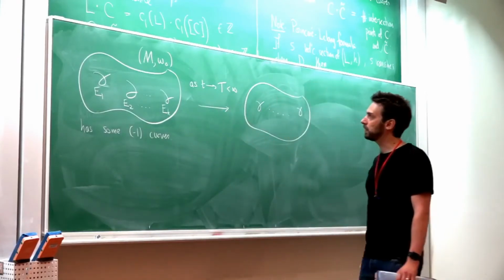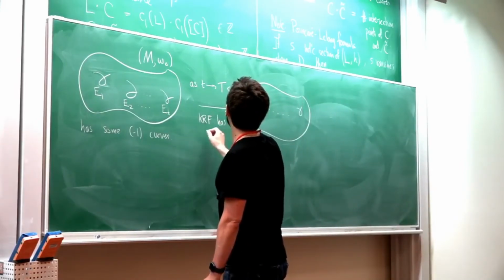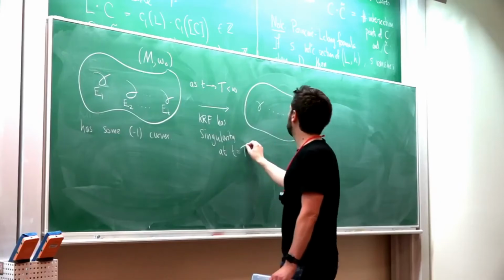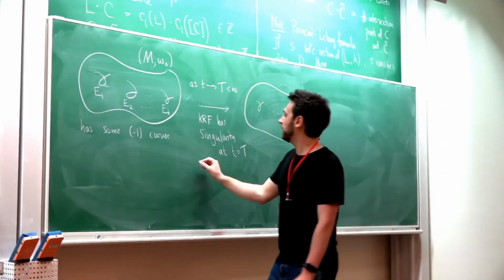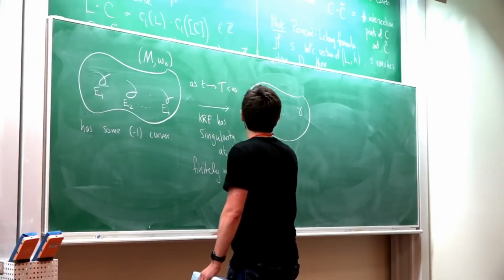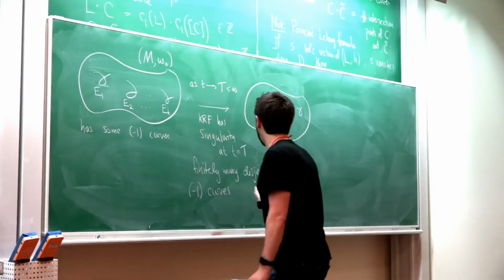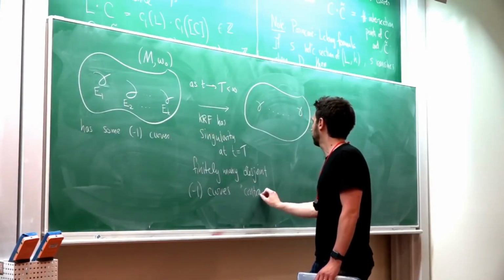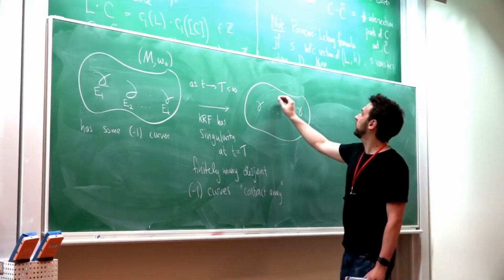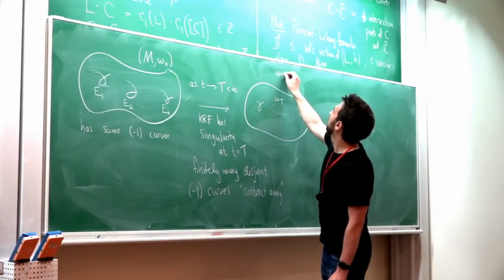So as t goes to capital T, less than infinity, the Kähler-Ricci flow has a singularity at t equals capital T, and what we get is some kind of metric omega t, which is singular.